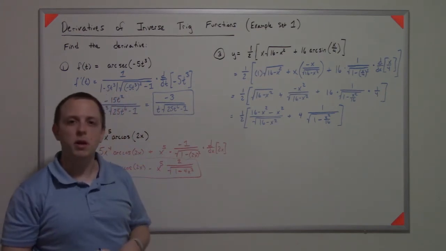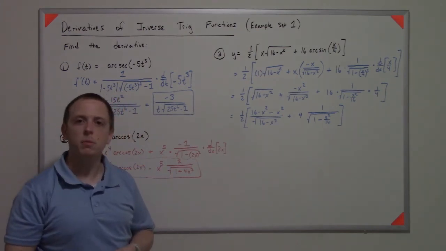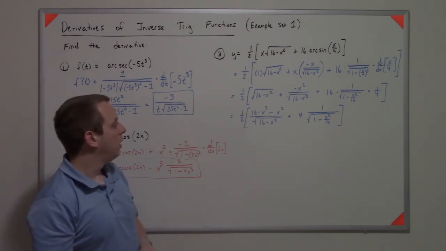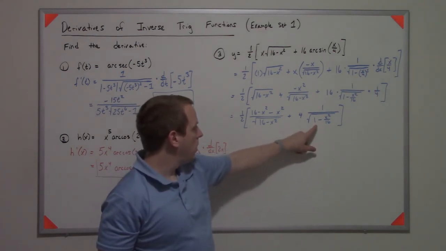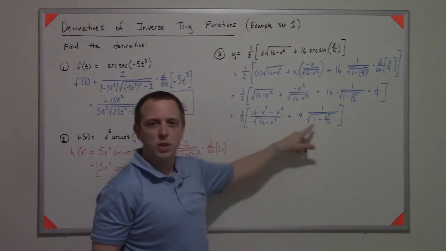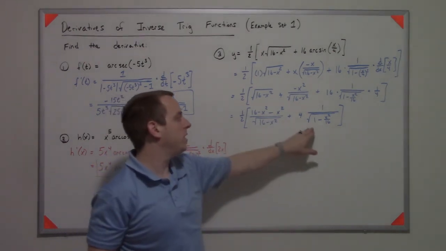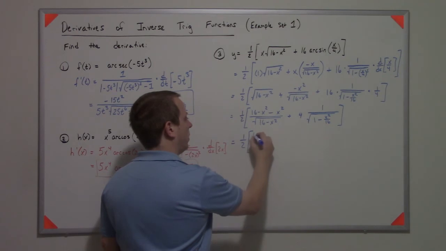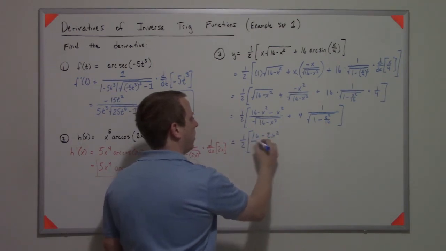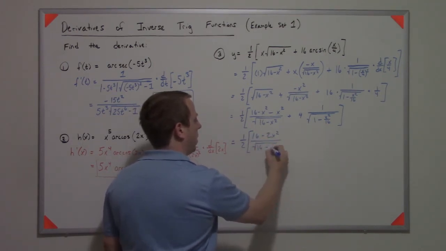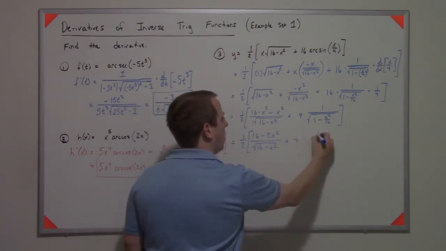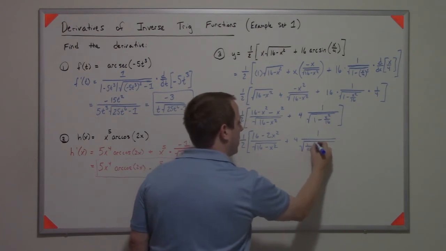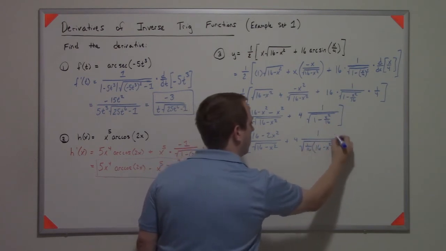And we could mostly be done here, but let's keep going. What you're going to find is there's going to be an interesting result. Here, it looks kind of close to here. So what if I factor out a 1/16 here? I say 1/2 times 16 minus 2x squared over the square root of 16 minus x squared, plus 4 times 1 over, if I pull out the 1/16, the square root of 16 minus x squared over 16.